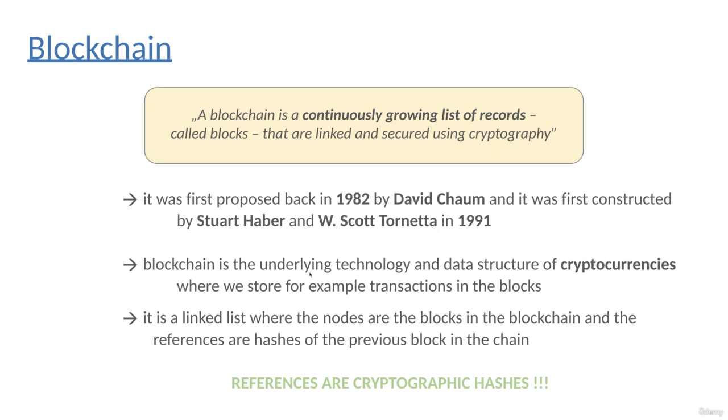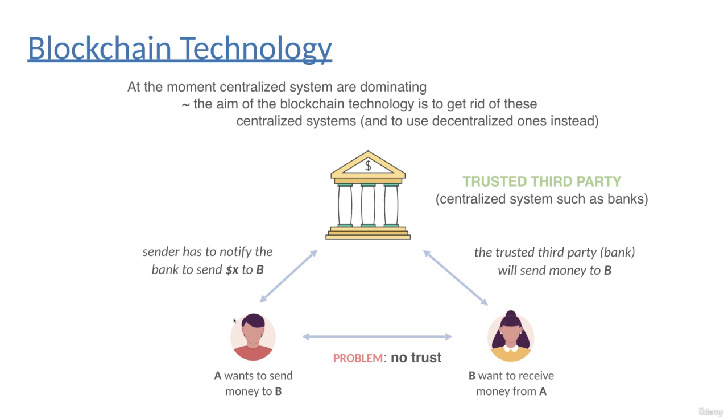Blockchain is the underlying technology and the data structure of cryptocurrencies. When we are dealing with cryptocurrencies, we are storing the transactions in the underlying blocks of the blockchain. In the previous lecture, we have been talking about a very simple example when a given person wants to send money to another person.